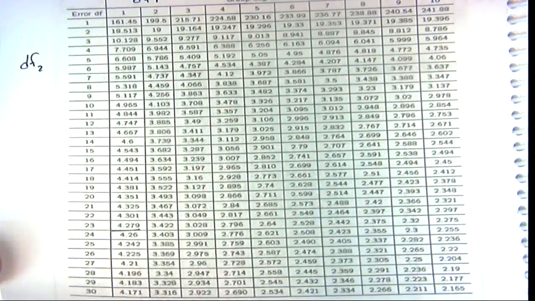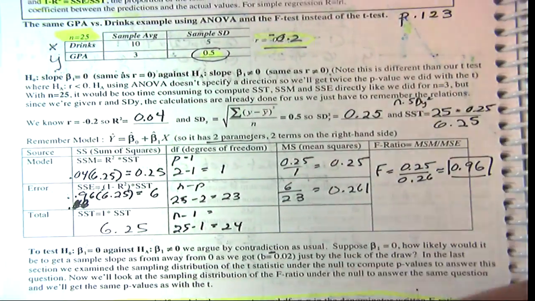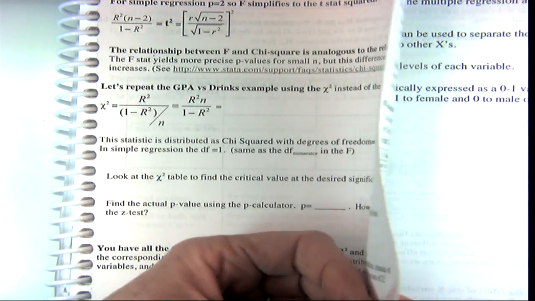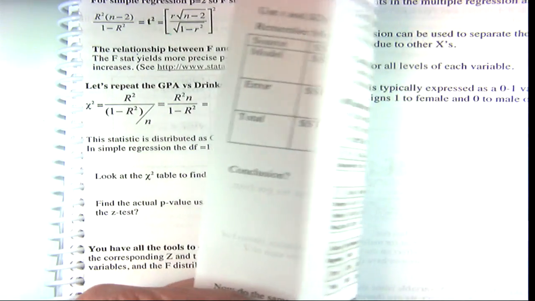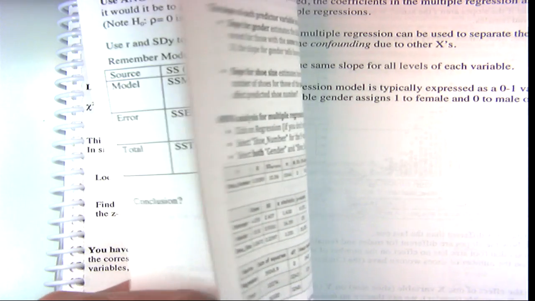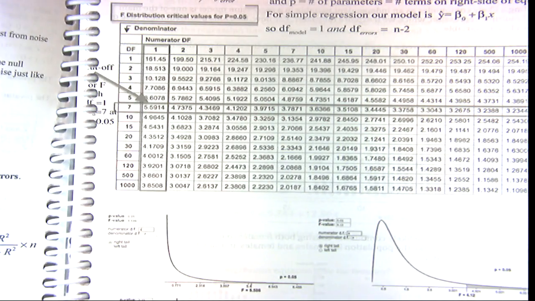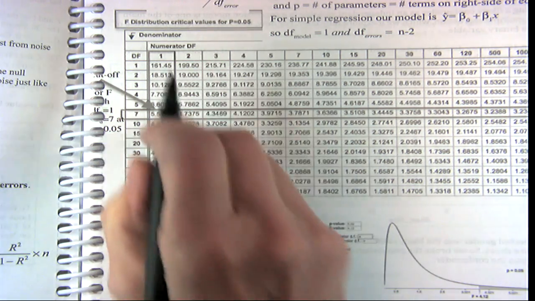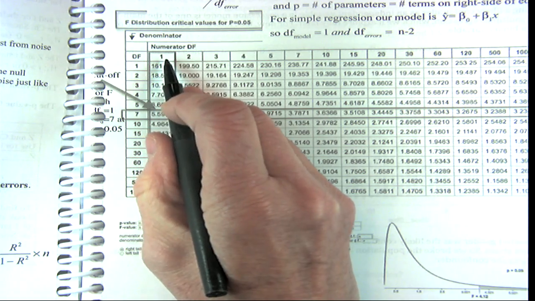Now the F curve, I think I have a better picture of it here in your notes. Let's just look. Yeah, on page 134. That's a much better picture. Okay? So it explains it a little bit better here on page 134 in your notes. So we're looking here at 1 degree of freedom and 23.